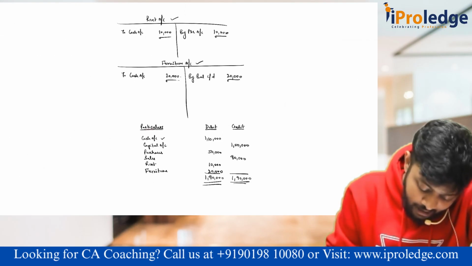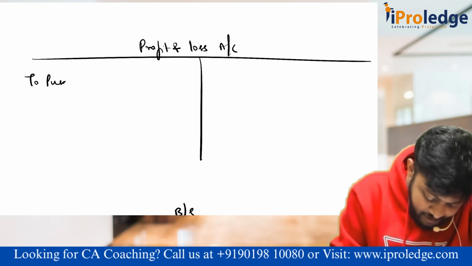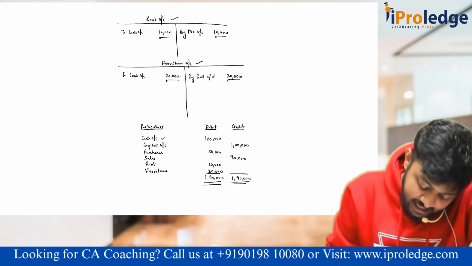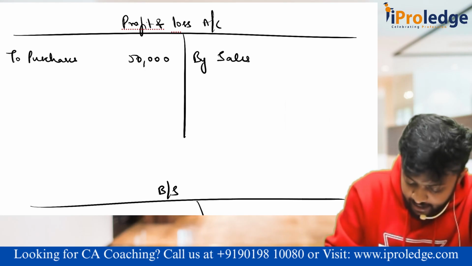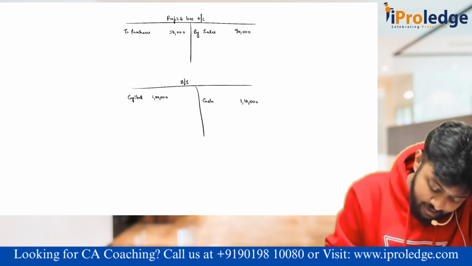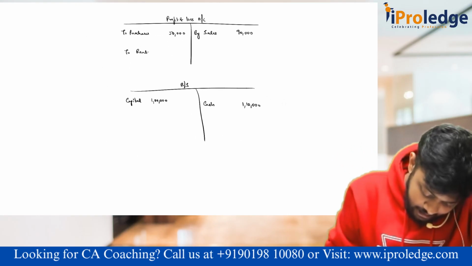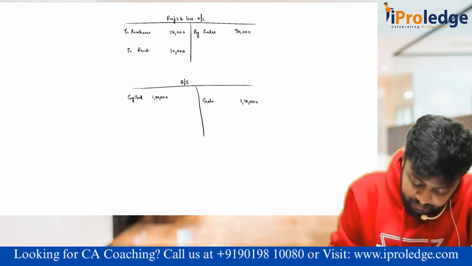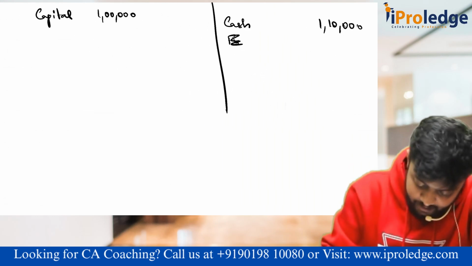Then purchases, 50,000, is an expense, so it comes in the P&L: to purchases. Then sales is an income, it comes on the credit side: by sales, 90,000. Done. Next, rent is an expense, it comes on the expense side: to rent, 10,000. Then furniture is an asset, so it comes on this side.